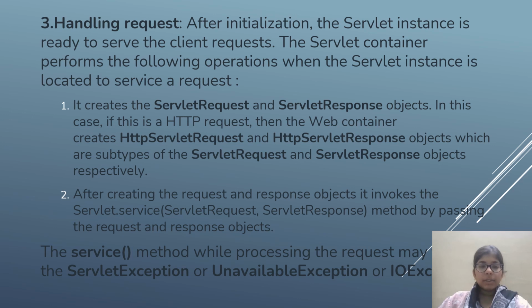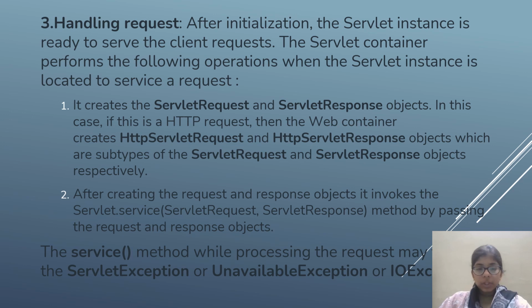The servlet container performs the following operations when the servlet instance is located to service a request. It creates ServletRequest and ServletResponse objects. In this case, if this is an HTTP request, then the web container creates HttpServletRequest and HttpServletResponse objects, which are subtypes of the ServletRequest and ServletResponse objects respectively.